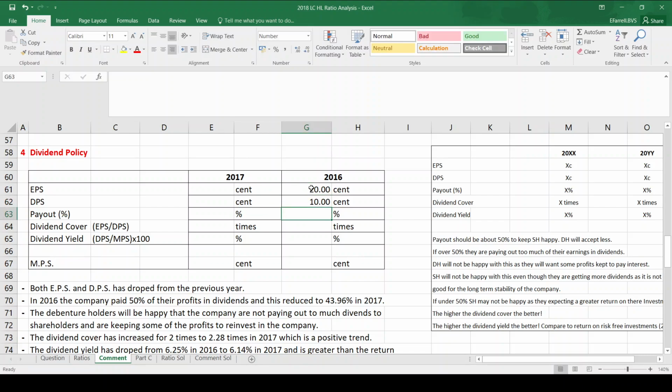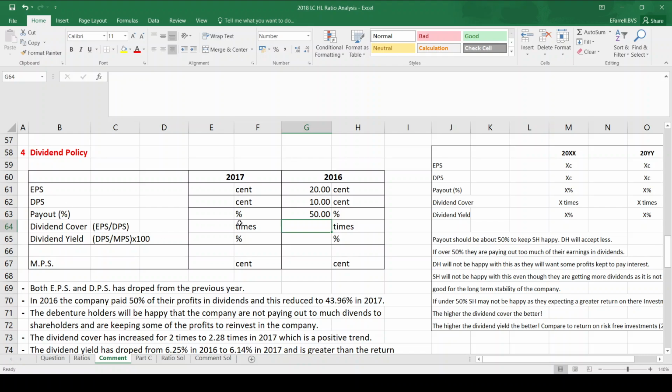To work out the payout, how much of the earnings they're paying out in dividends, it's simply the dividend per share over the earnings per share, and I'm going to multiply that by 100. So 50%, they're paying out exactly 50% of their earnings through dividends to shareholders.